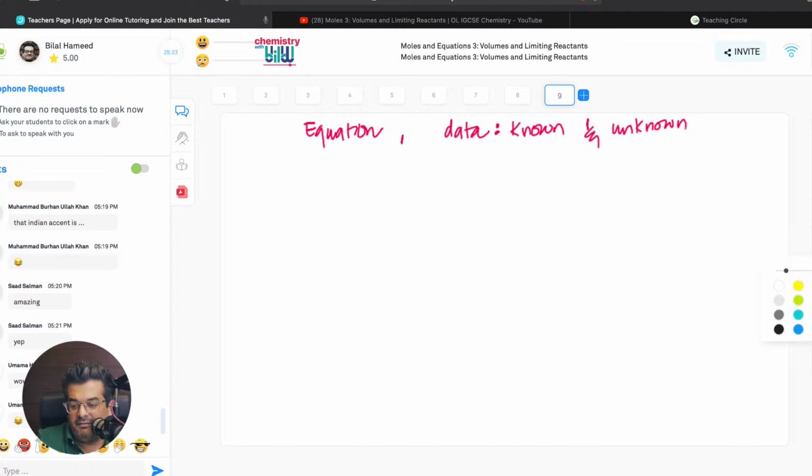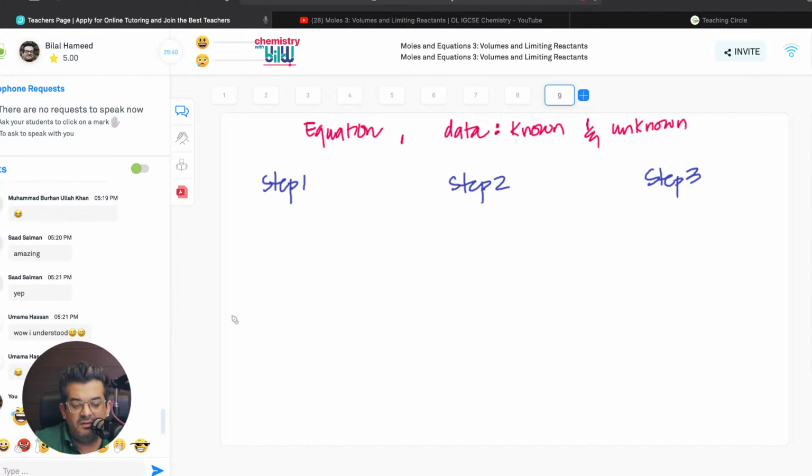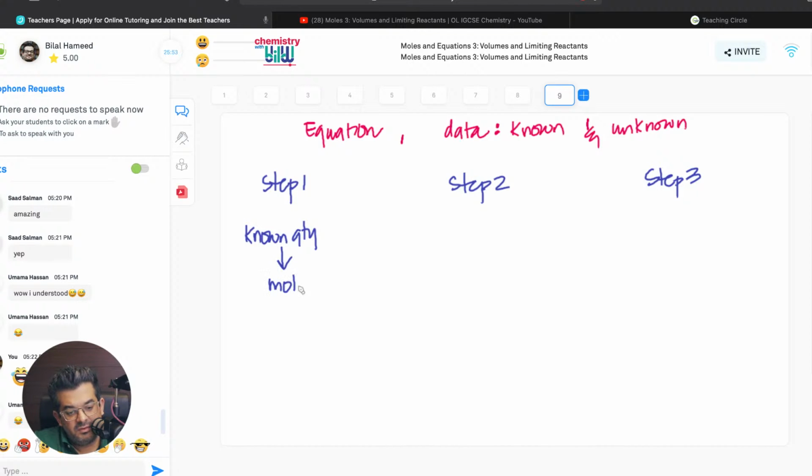And then it is a three-step mechanism. You can solve every mole question like this. Every. But you will not be able to solve the question of life. But you will definitely be able to solve the question of chemistry. Which is that first, convert the known quantity into moles.